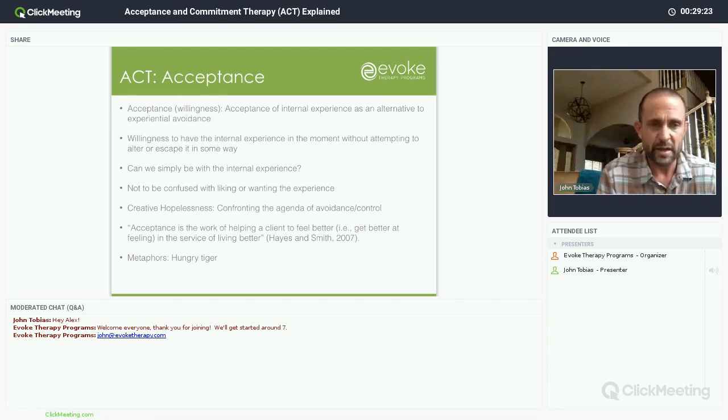So there's a metaphor that I like when I'm talking about this process, and it's the metaphor of the hungry tiger, and I'll talk through it pretty quickly. So let's say you open up your door one morning and there's a beautiful little tiger kitten out on the front porch, and you decide to bring it into the house, and you start feeding it hamburger meat, and it's growing.